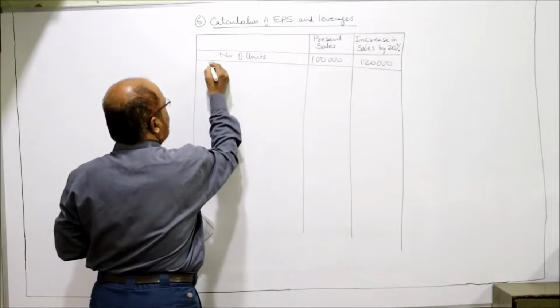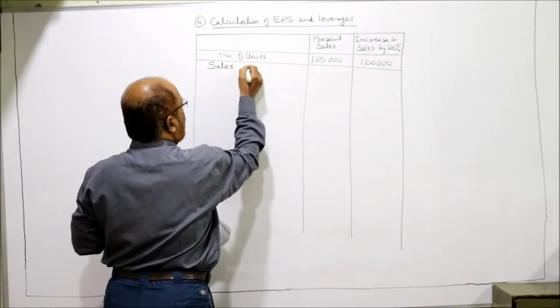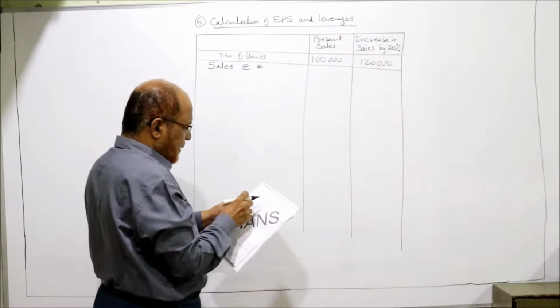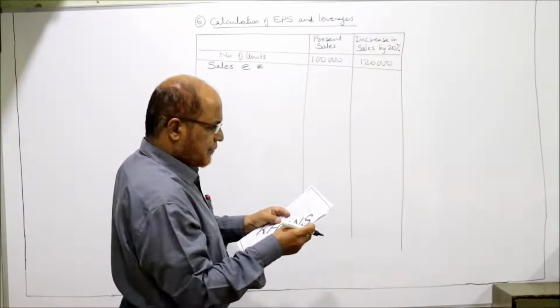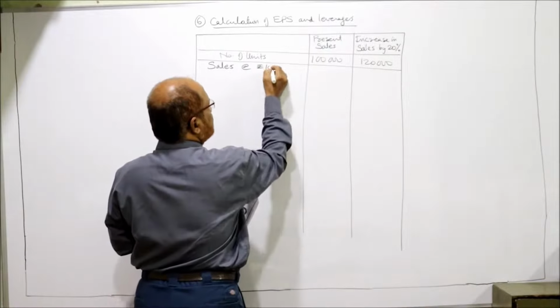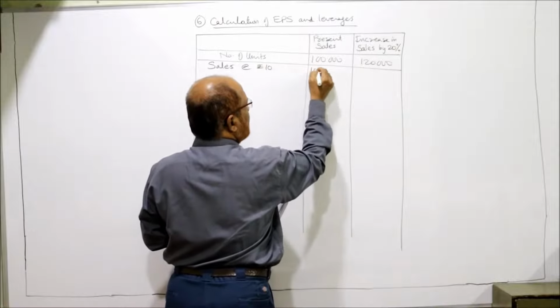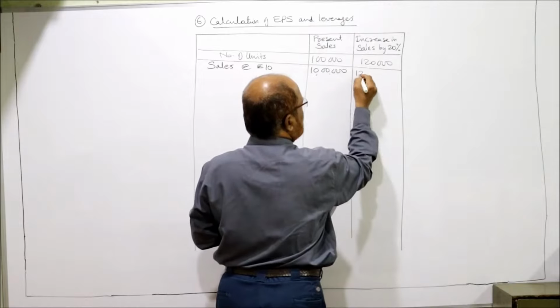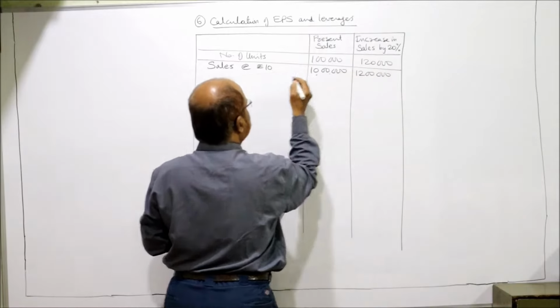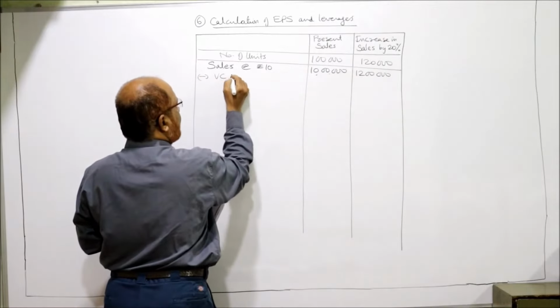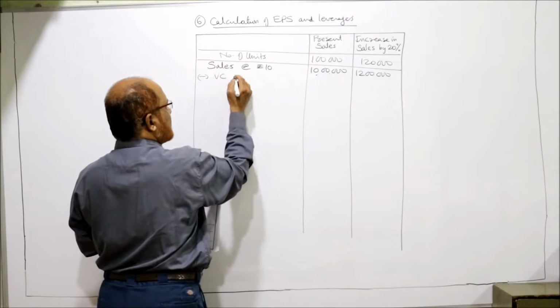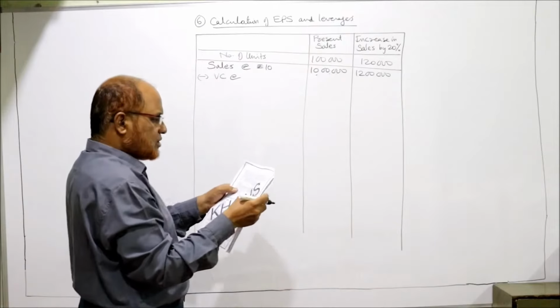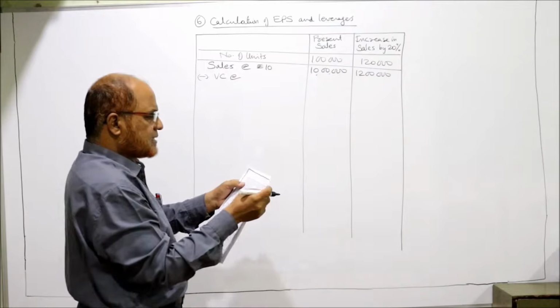Now sales at the rate of rupees. What is the selling price per unit given in the problem? Selling price 10 rupees. So 10 into 1 lakh, you will get 10 lakhs. 10 into 1,20,000, you will get 12 lakhs. Minus variable cost at the rate of 6 rupees, given in the problem.